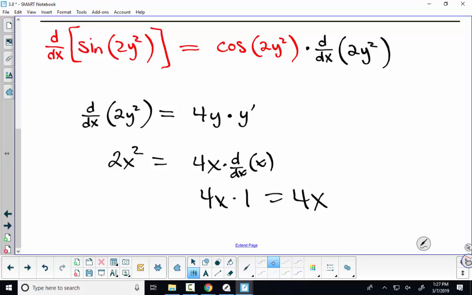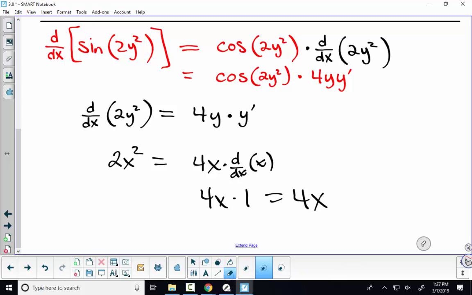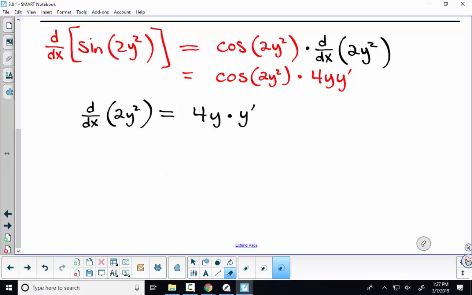Okay, so the derivative of sine of 2y squared is cosine of 2y squared times 4 times y prime. Any questions on that?